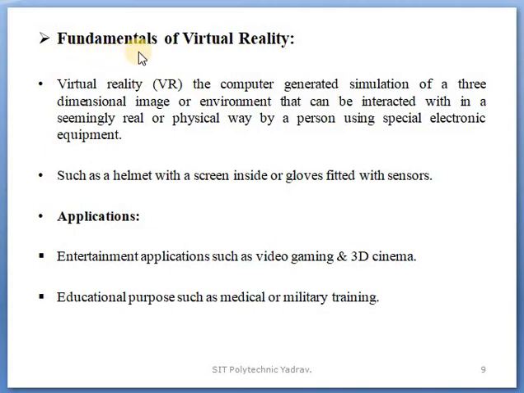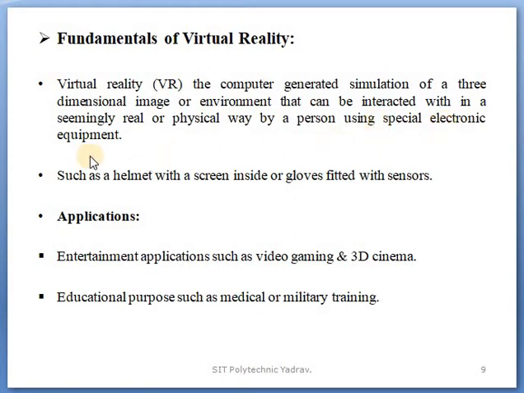Next point, fundamentals of virtual reality. Virtual reality, or VR, is the computer-generated simulation of a three-dimensional image or environment that can be interacted with in a seemingly real or physical way by a person using special electronic equipment. So what is meant by virtual reality?